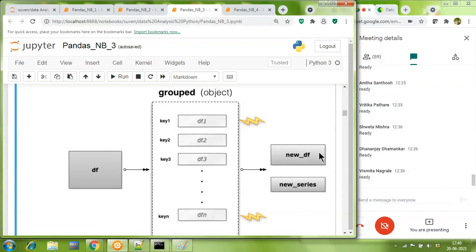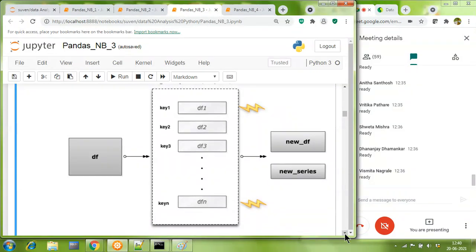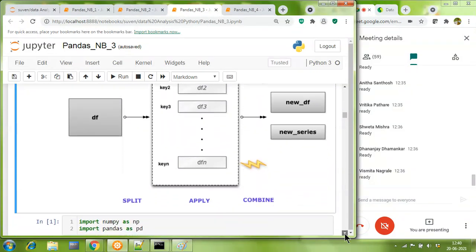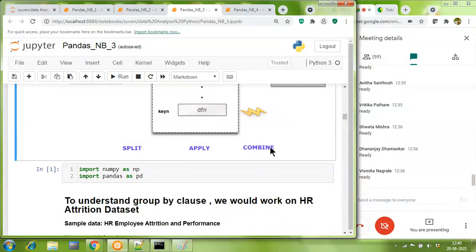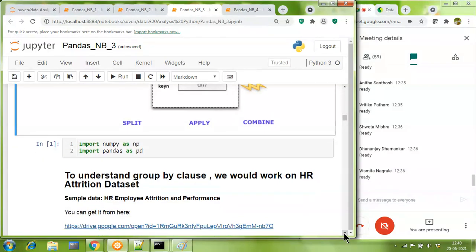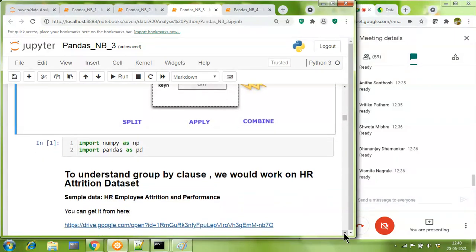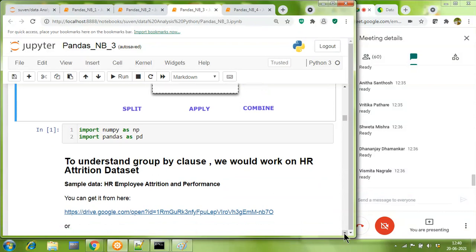If there is more than one column, data frame. If there is only one column, series. Simple. So these are the three broad steps. Learn them by heart with me. Split, apply, and combine, which we will always work with when we are working with the group by function.